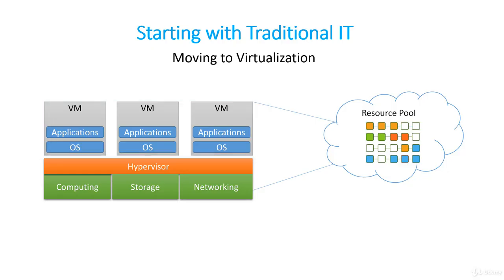If we have physical resources like servers, storage, and network devices, we can use a virtualization management layer, called here a hypervisor, sitting on top of the physical resources. Using this hypervisor, we can divide the underlying physical resources into multiple virtual resources, also called virtual machines. Each virtual machine is like a dedicated virtual container with a specific operating system and specific application running inside.